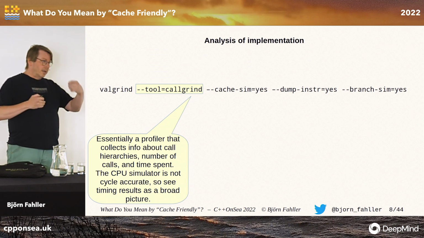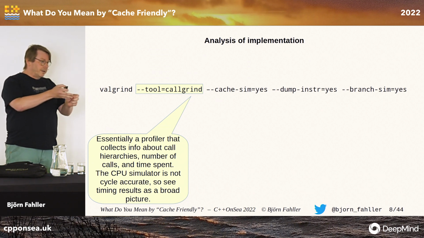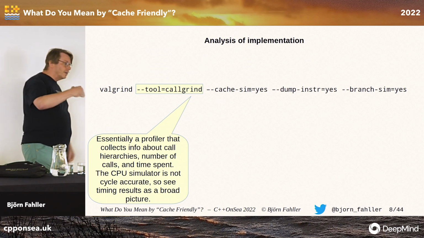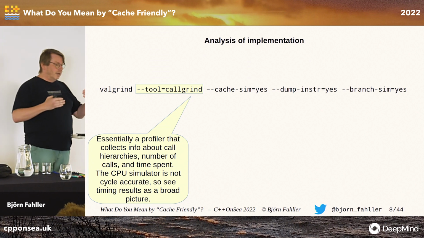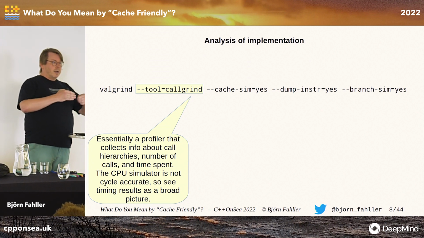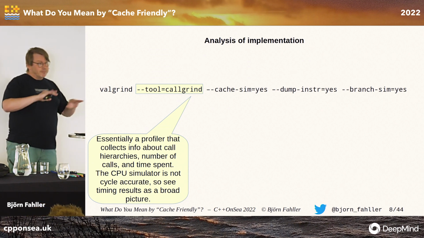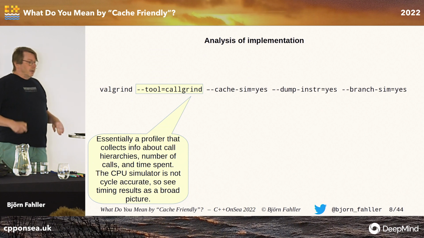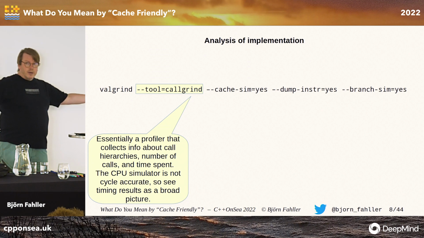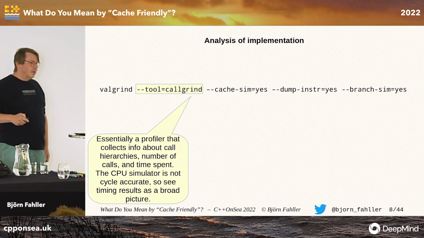It analyzes the instructions and runs them in an emulated environment. Valgrind keeps track of, for every instruction, where in the call chain are you, and the time spent roughly. It's not cycle accurate, but ballpark. So that you can see where your program has been running, what's happening in it.